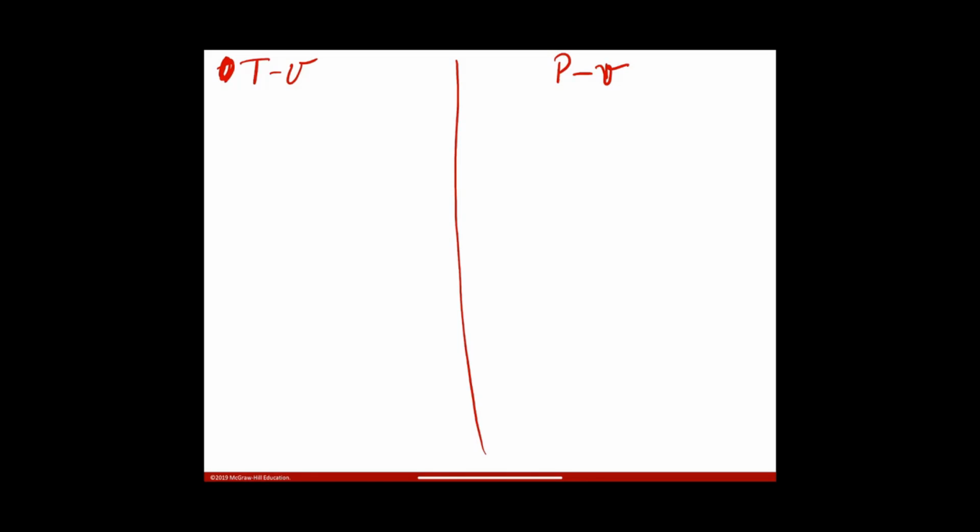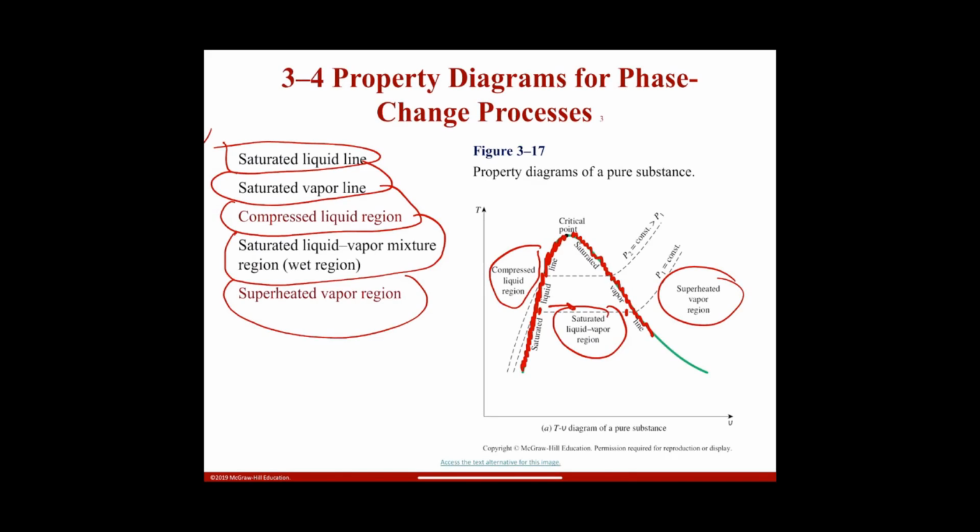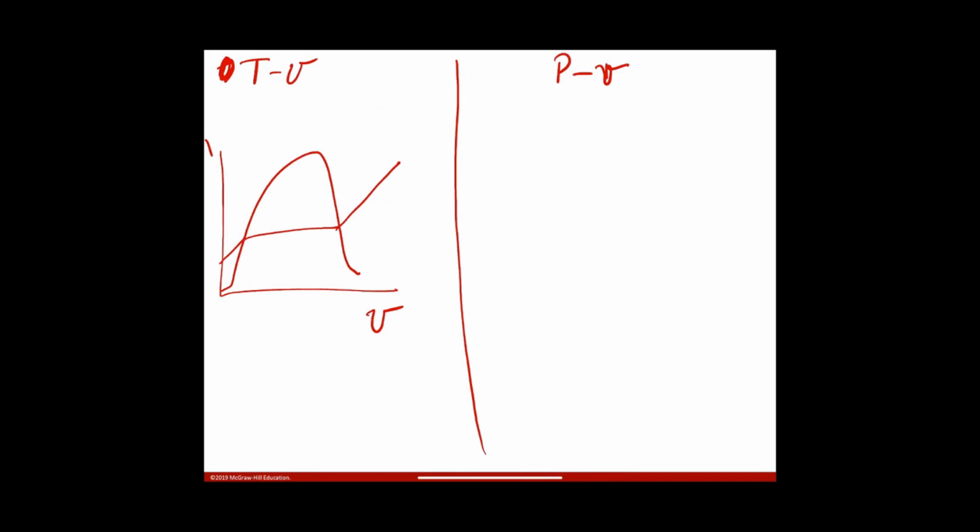How do they work? I have the first one, and this one goes like this. I have specific volume on this end and temperature on the other end.